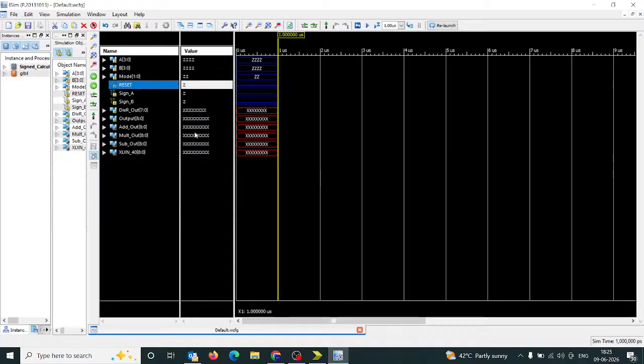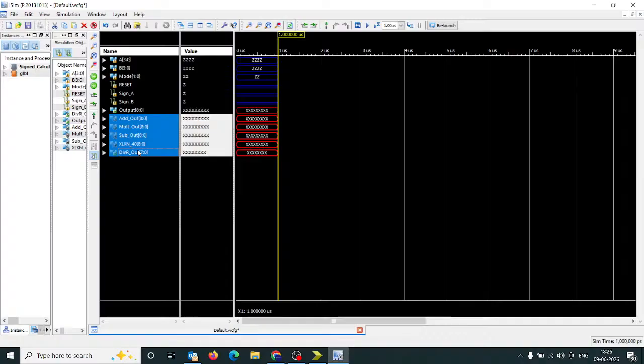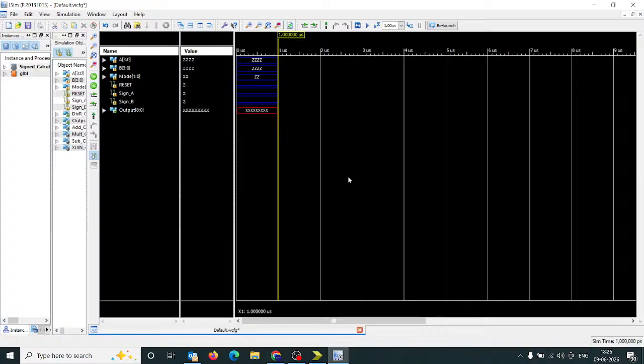Then we have a clear. Then we have sign A and sign B, which help identify which input is plus and which is minus, and this is my final output. If I remove all the sub signals, this is my final output.